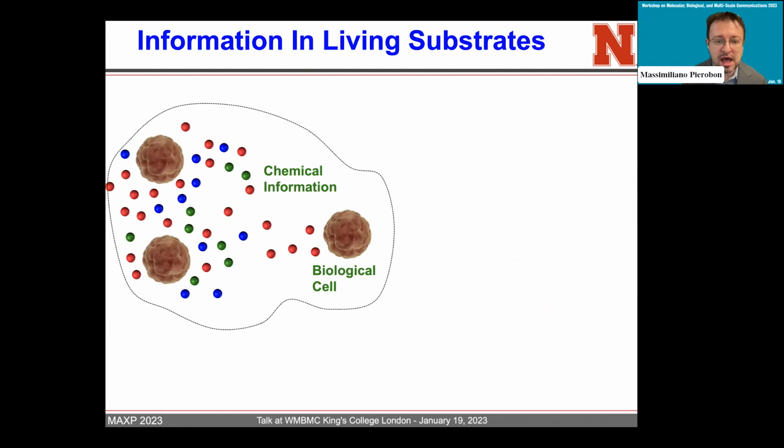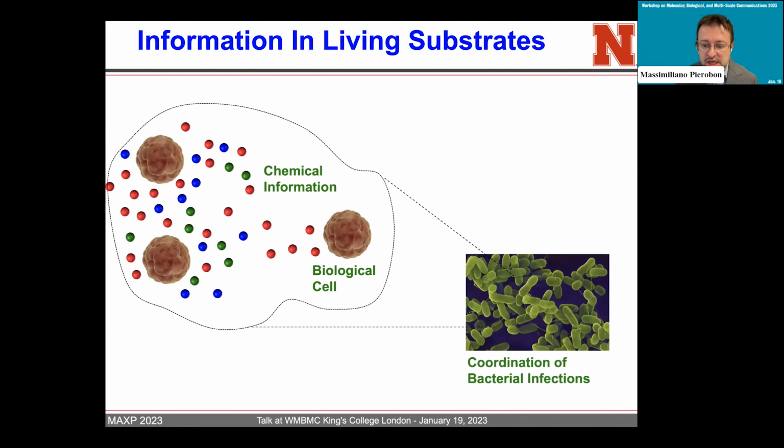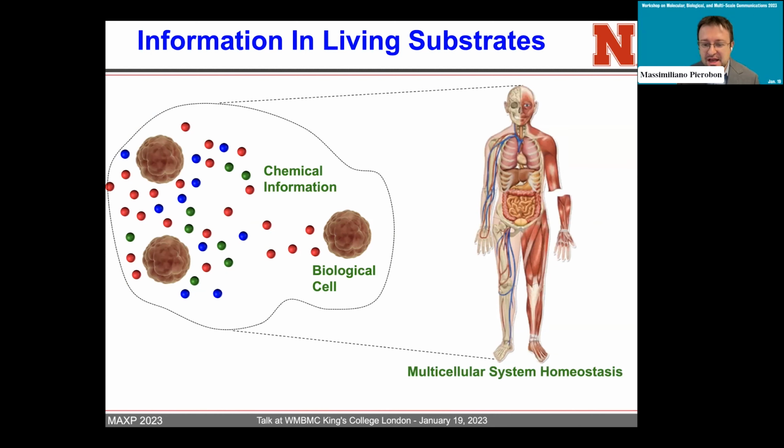And you take into account that there are many cells immersed in this environment receiving and sending information. You get a sense of what happens in tissues. And information, for example, drives cell differentiation in tissues, drives coordination of bacterial infection, which is a negative thing, and then drives whatever happens in our body.